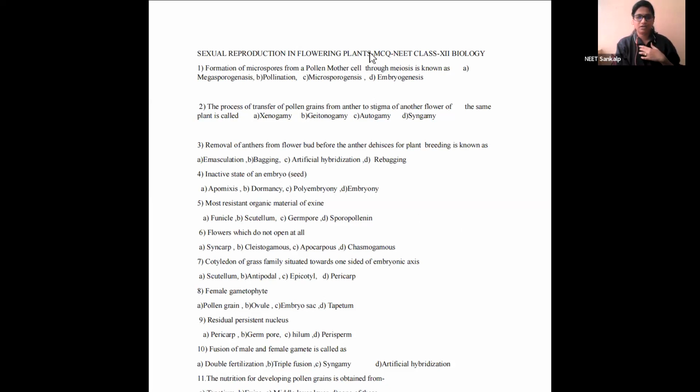Most of you answered correctly. Option A, scutellum, is the right answer. Netravati also answered it. Some of you marked pericarp in the worksheet. Question number 8: the female gametophyte is also called, option A, pollen grain; B, ovule; C, embryo sac; D, tapetum.